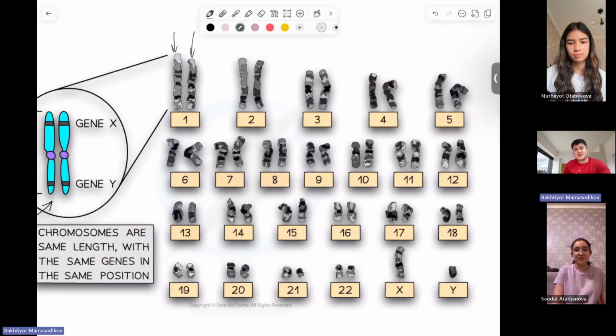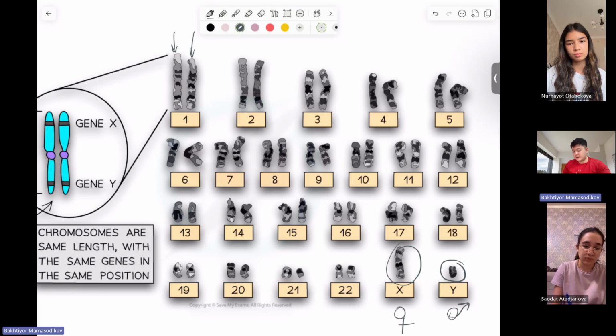22 pairs, almost. It should be 23, but this is the Y chromosome. What's the meaning of the Y chromosome? It's the chromosome of a male. Yes, this is the male organism chromosome. Okay, this is X, and this came from mom.